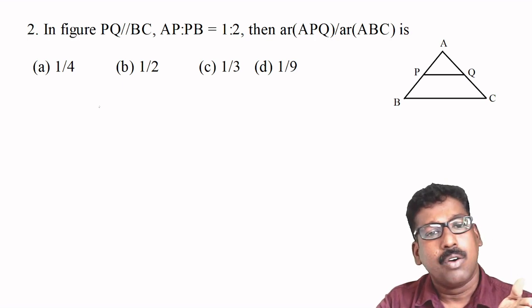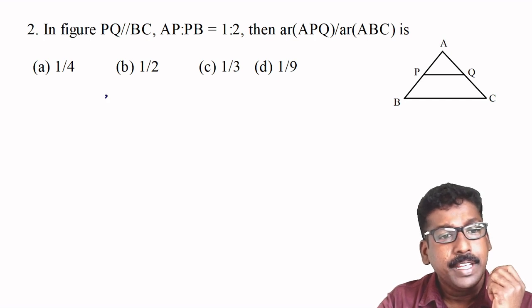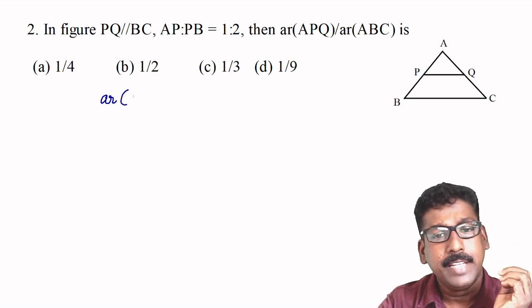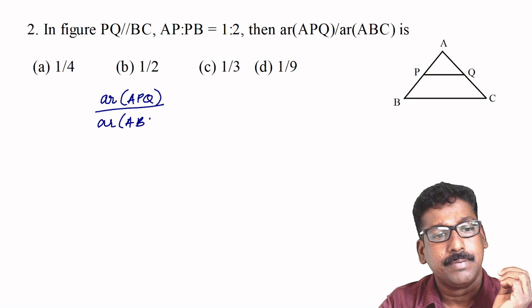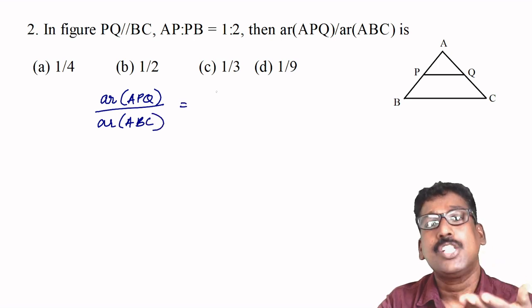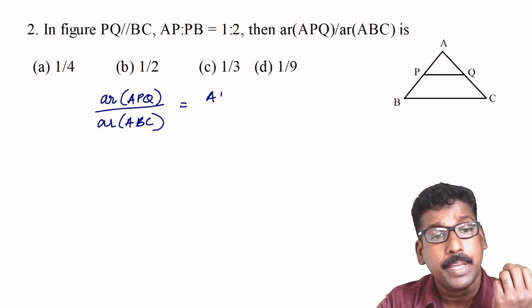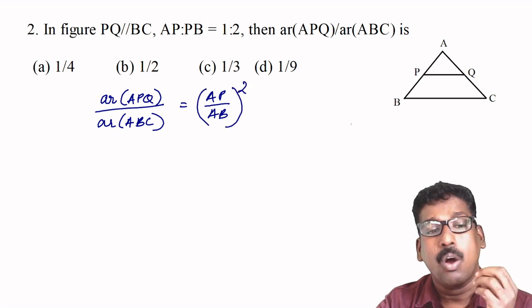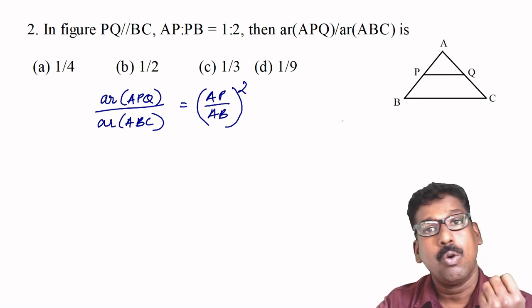You know the relation of ratios of areas of two similar triangles. That is, if the triangles APQ and ABC are similar, then area of triangle APQ by area of triangle ABC is the square of the ratio of any two corresponding sides. That is (AP by AB) whole square, or (PQ by BC) whole square, or (AQ by AC) whole square.